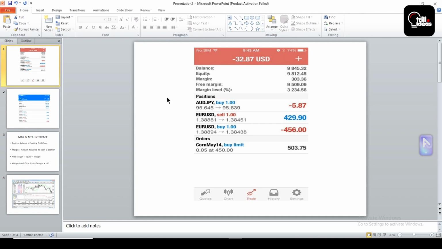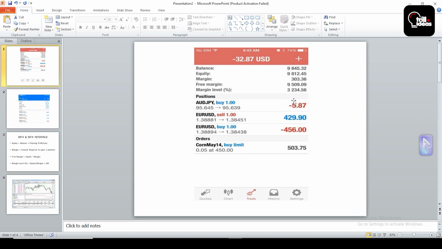For you to determine your margin level, you divide your equity by the margin times 100. Take note of this, it is the amount of leverage provided by the broker. It is the 99% that is being added to your 1% for you to keep this trade running. So while your trade is open, it's very important to check your margin level percentage and ensure it is not below 100%.